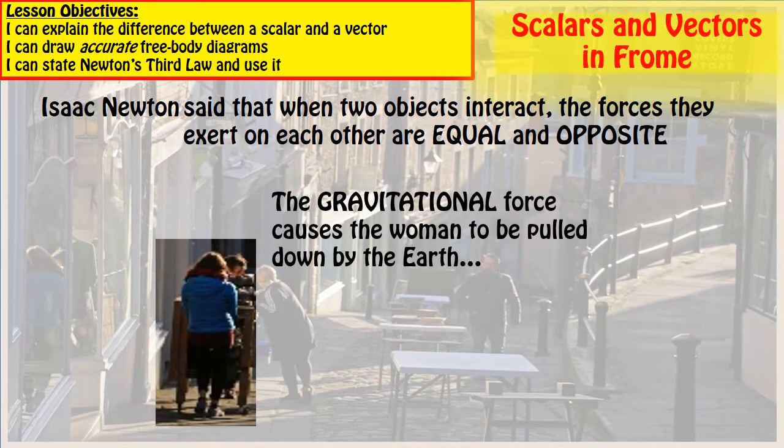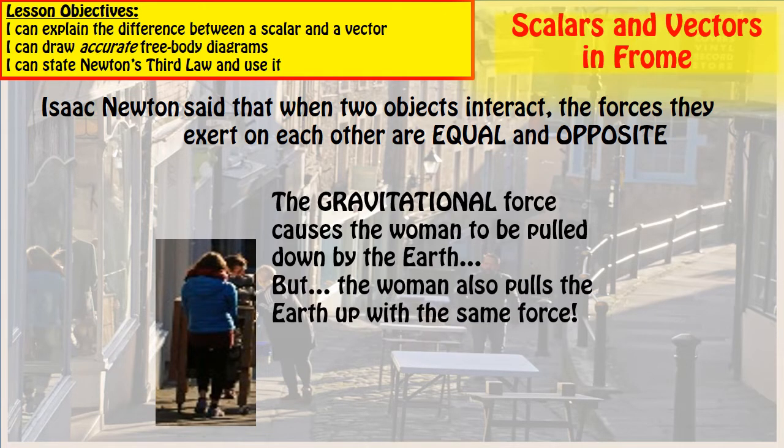So last lesson, we learned about some forces. The gravitational force causes the woman to be pulled down by the earth. But, and this is kind of weird, the woman also pulls the earth upwards with the same amount of force. Because the earth is so massive compared to us, the earth is able to pull us down more than we're able to pull it up.